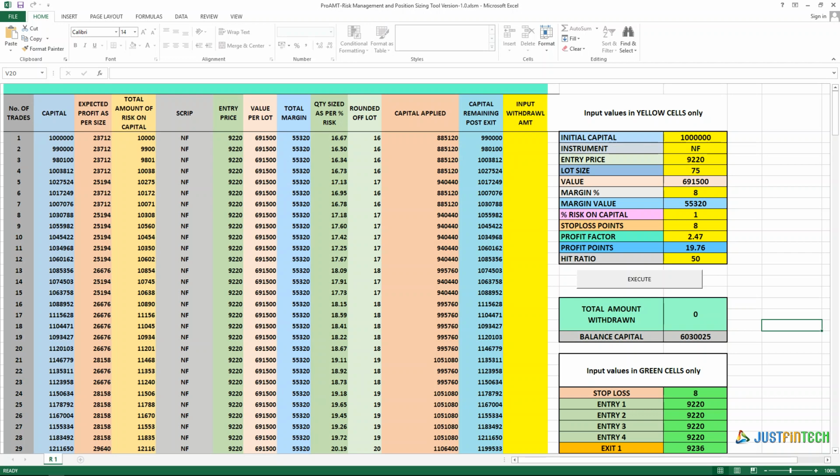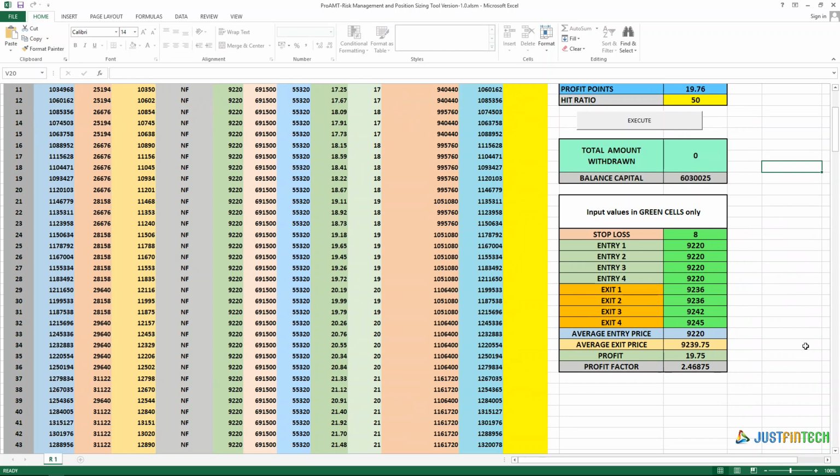So before getting into this sheet, one needs to first find a system to trade and make observations: when they are entering a trade, and suppose they are keeping a stop loss of, let's say, 10 points, is there a time when the market goes down 15 points and reverses back and hits their target?